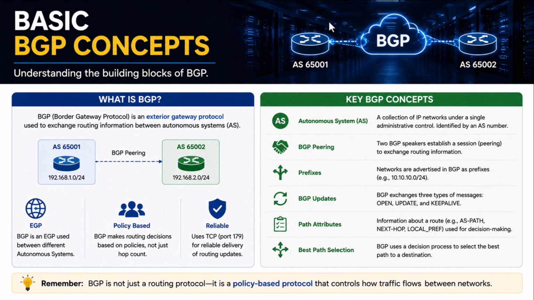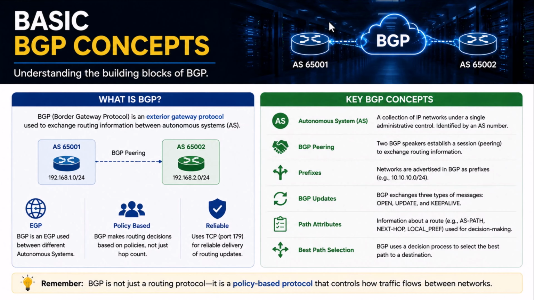There are two main types of BGP sessions. eBGP is normally used between different autonomous systems. iBGP is used inside the same autonomous system. Another important point is that BGP uses TCP port 179. So, unlike protocols that directly build their own transport mechanism, BGP uses TCP for reliable communication between neighbors.